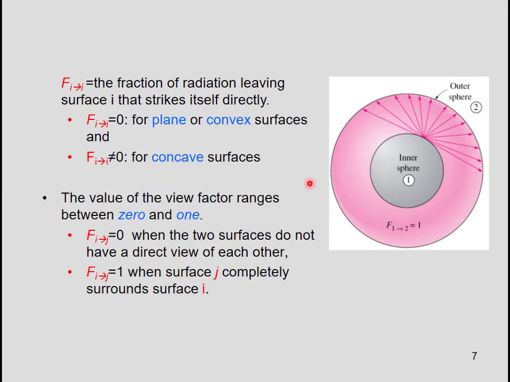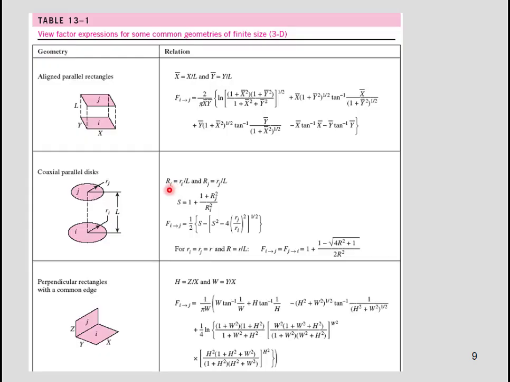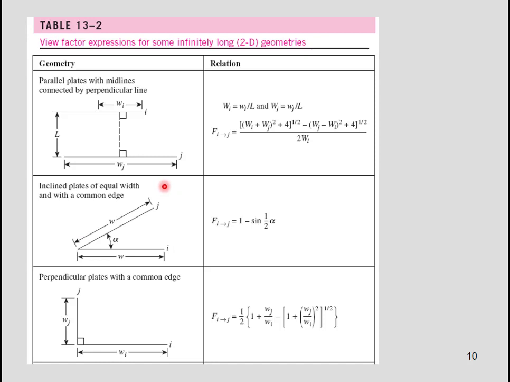Imagine this is a tube, then we can imagine that they are 2D geometries. In other words, imagine this is the side of a duct. In this direction, this is x, y, for example. In the z direction, it is infinitely long. So what we are interested in is only the view factor from this surface to this surface.